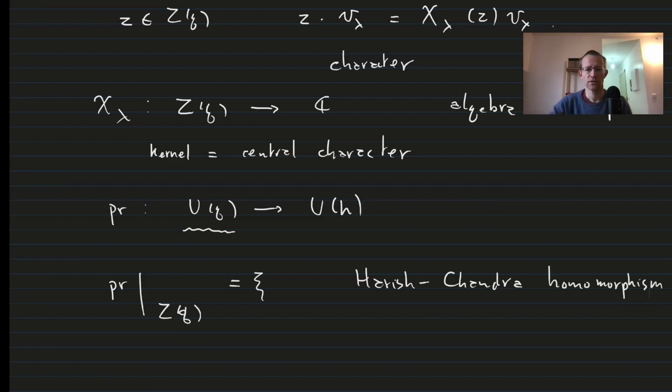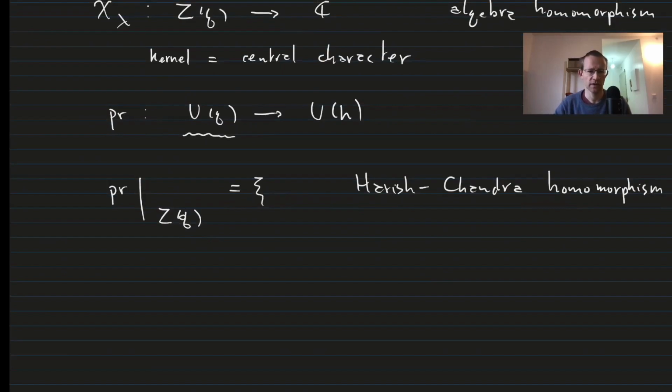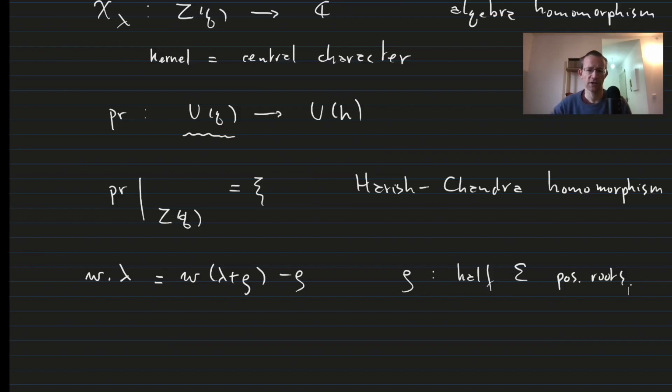Now let's recall the dot action of the Weyl group on weight vectors. So how does that work? We have w, an element of the Weyl group, acting on some weight vector lambda. What is it? It's just w, ordinary w, acting on lambda plus rho, minus rho, where rho is half the sum of the positive roots. So this is the dot action.